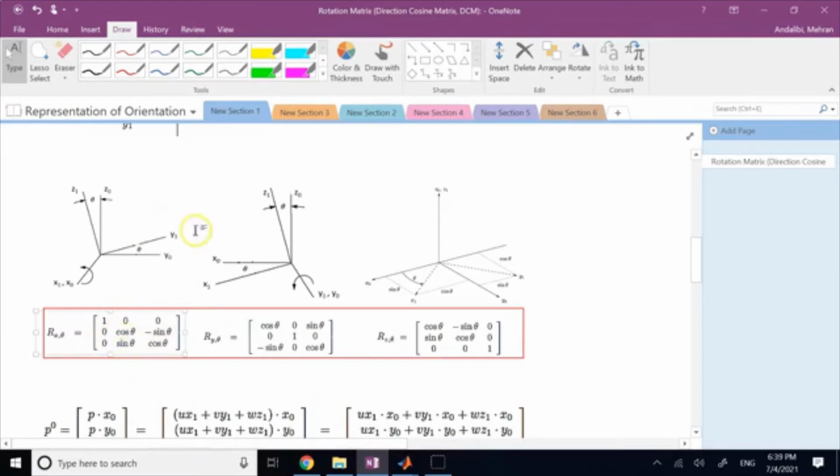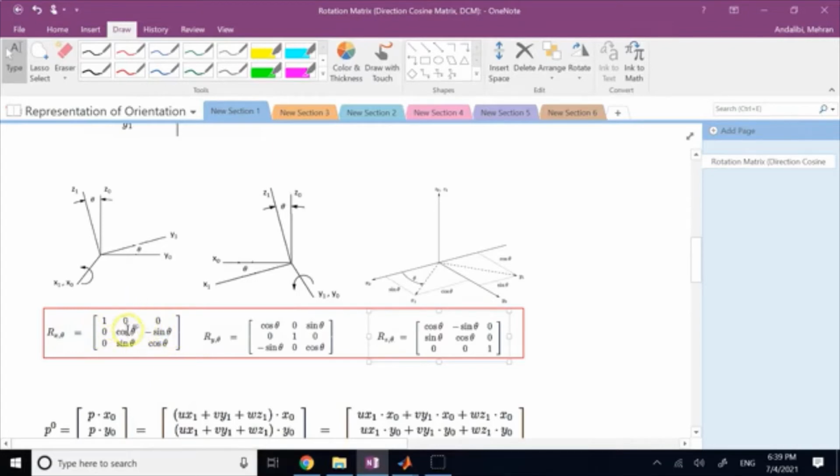This is when you rotate about the x-axis. The rotation about the x-axis with angle theta has a form like this, right?